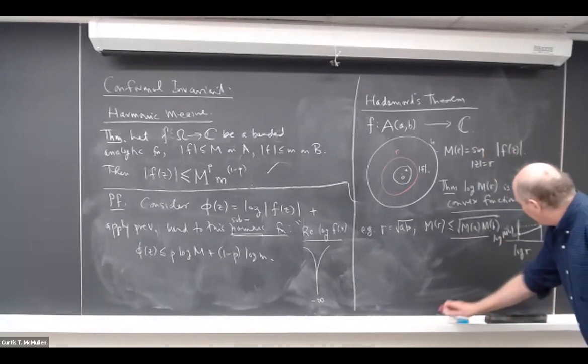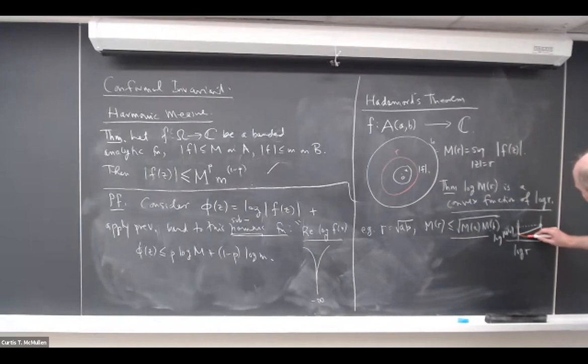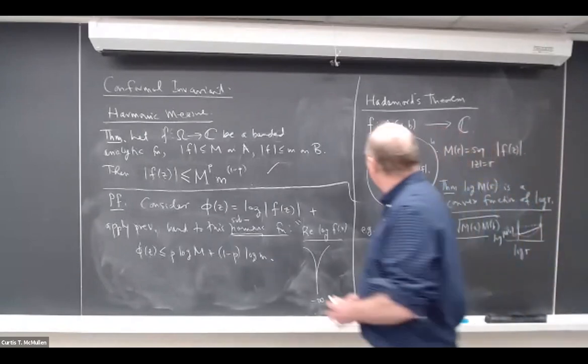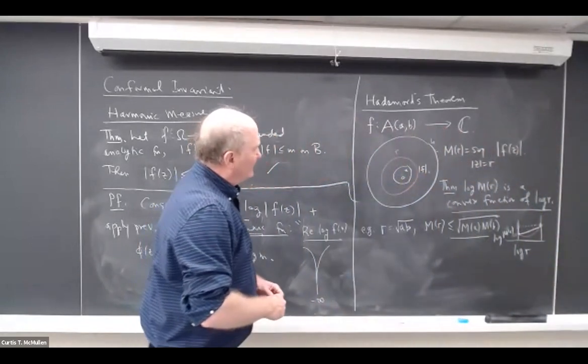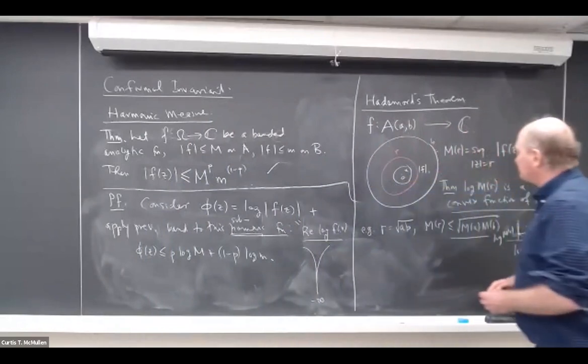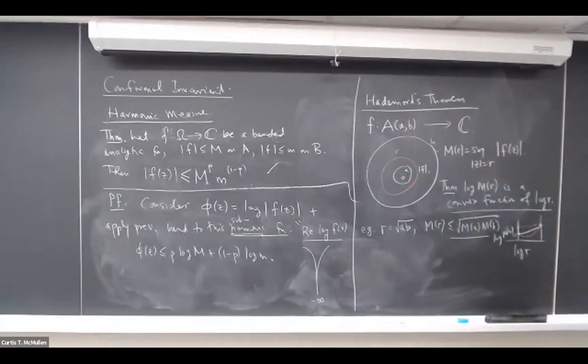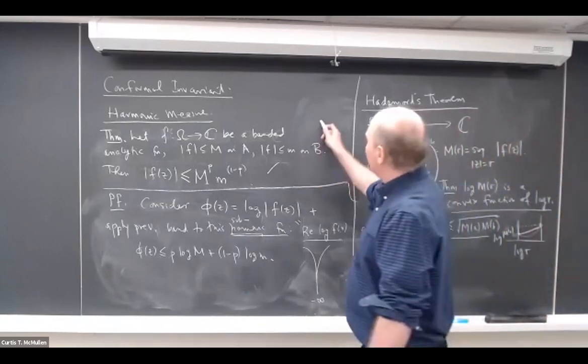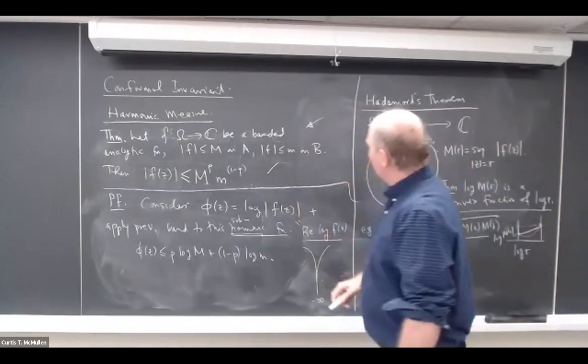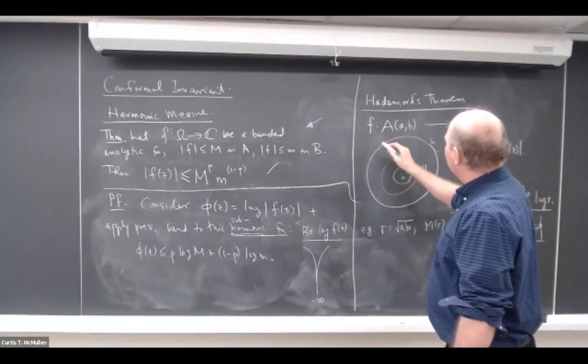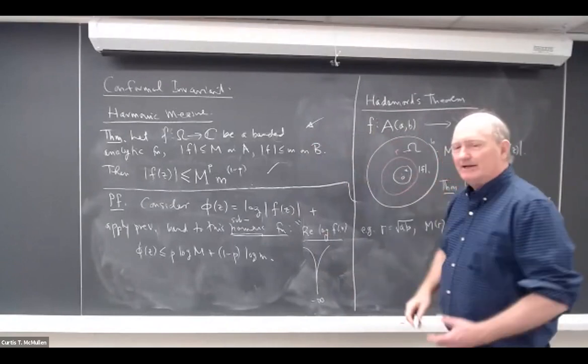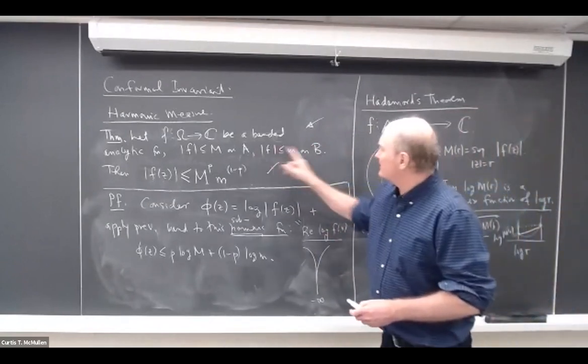And in general, the function in these logarithmic coordinates looks something like this. It turns out to be convex. Okay, so Hadamard's theorem is perfect for applying this theorem. We'll take omega to be this annulus here. Now, what should we take to be our arcs A and B?